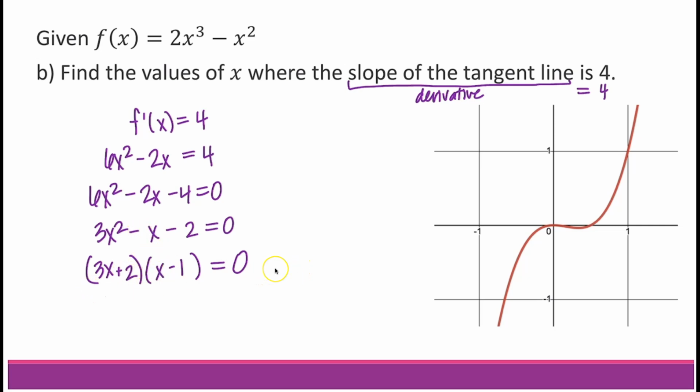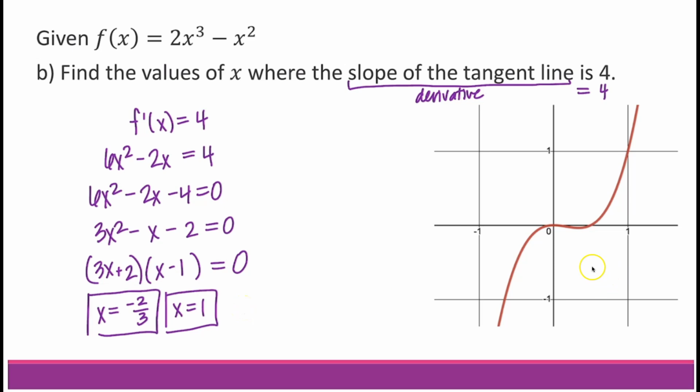So then we set each factor equal to 0. So we'll have x is equal to -2/3 and x is equal to 1. So I did that mental math: subtract 2, divide by 3, add 1. So these are the two x values where the slope of the tangent line will be equal to 4.